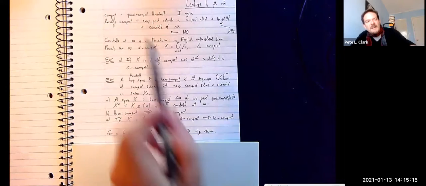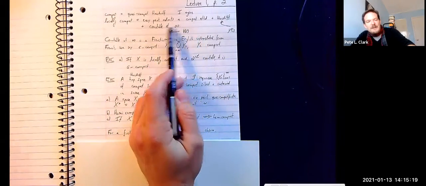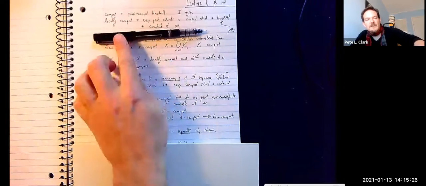But look what he does next. He says that locally compact means every point admits a compact neighborhood, and Hausdorff. If you stopped right there, I would agree. My definition of locally compact also includes Hausdorff, and then every point should admit a compact neighborhood.